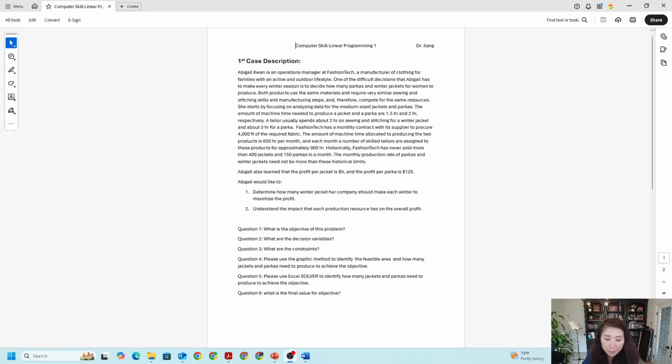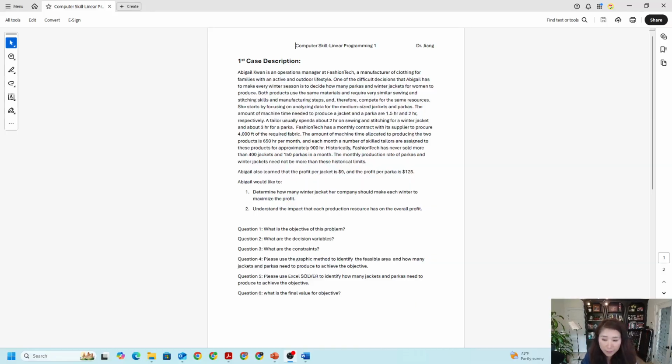A tailor usually spends about 2 hours on sewing and stitching for a winter jacket and about 3 hours for a parka. Fashion Tech has a monthly contract with its supplier to produce 4,000 feet of the required fabric. The amount of machine time allocated to producing the two products is 650 hours per month. And each month, a number of skilled tailors are assigned to this product for approximately 900 hours.